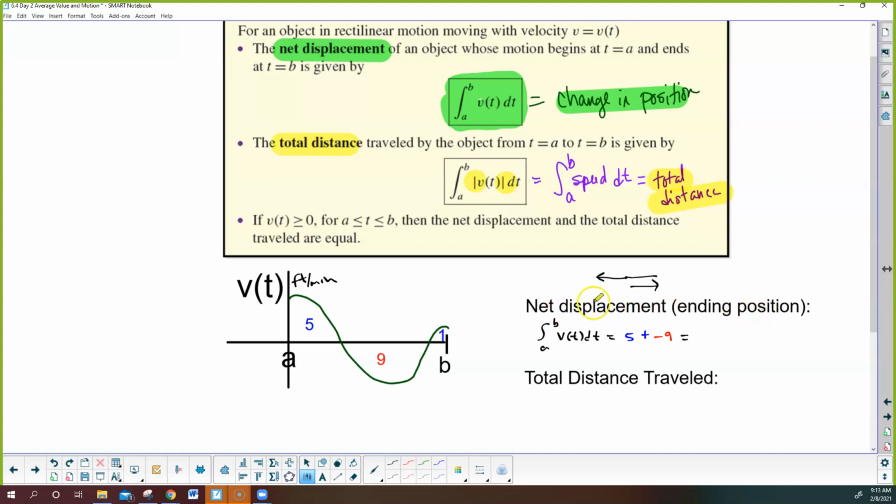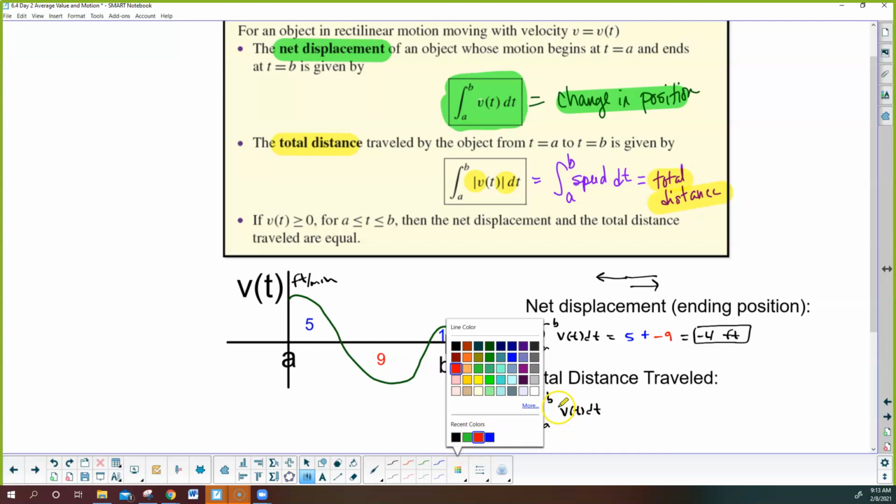What's my ending position or my total displacement? It's -4 feet. That's where I would be at the end of A to B seconds. Now, what if I asked you to find the total distance of this? All you would do is the exact same thing, except now you're taking the absolute value of the velocity, so all of these values are positive, right?